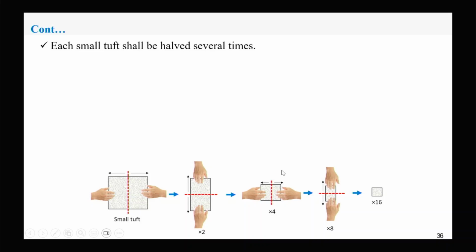Here, as I have already explained, lengthwise we divide into 2 parts, then again widthwise we divide into 2 parts, and 1 part is rejected. Then again lengthwise, widthwise. Ultimately we get a very small tuft.